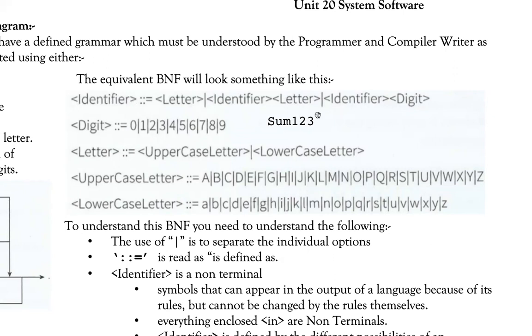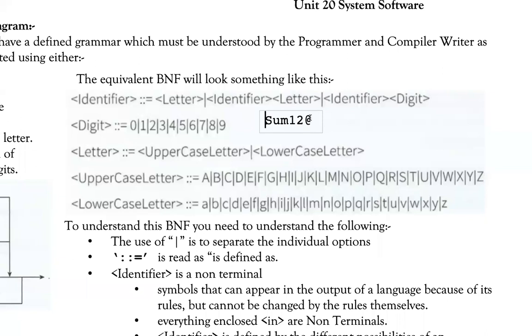If, say, for example, I have used a character like this, 12 followed by at the rate. Now it says that identifier SUM12 is a perfectly valid identifier, and an identifier can be followed either by a letter or a digit.